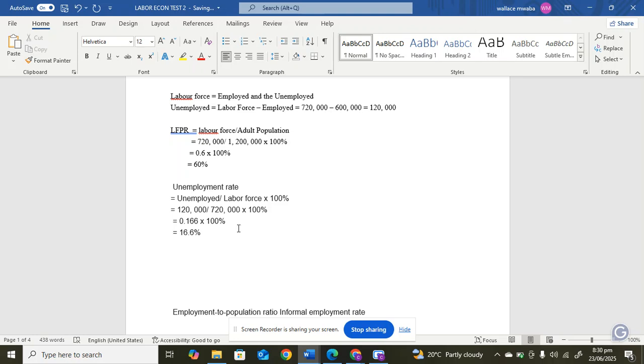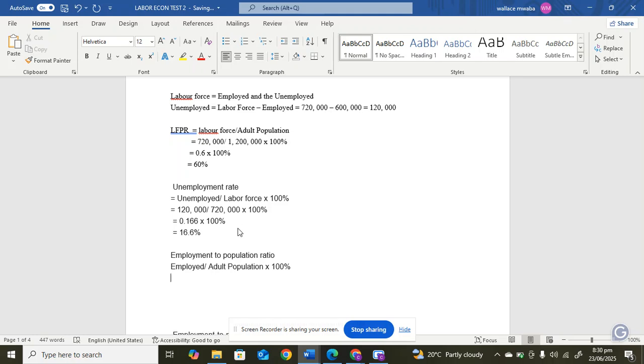So the employment to population ratio is basically the employed divided by the adult population times 100%.